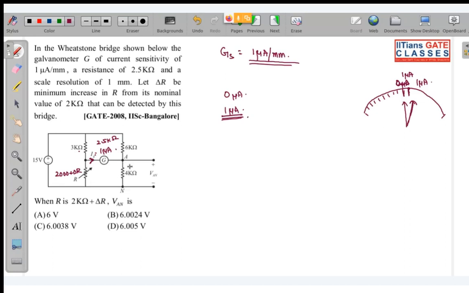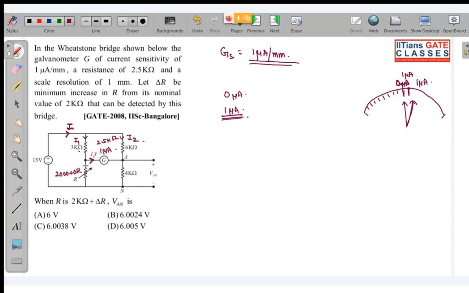So this is Ig. Let me assume this current is I. If this current is I, let this be I1, this be I2.